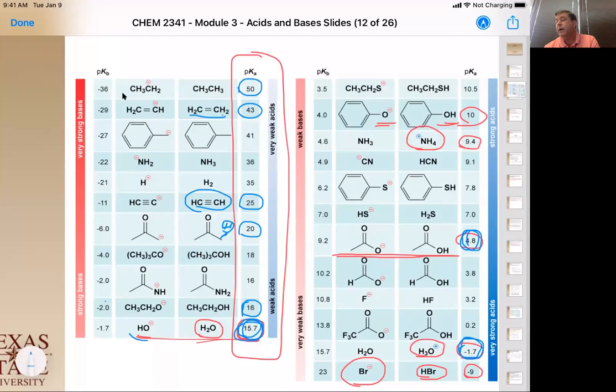So our very weak acids up here become very strong bases. That inverse proportionality is very important in our system, so that if you have something that has a very high pKa, it's going to be a very strong base and try to react with things very rapidly. Contrastly, once we form this right here, like this strong acid right here, we get this bromide ion. It's a very weak base. It wants to be a negative charge. It wants to be fine.